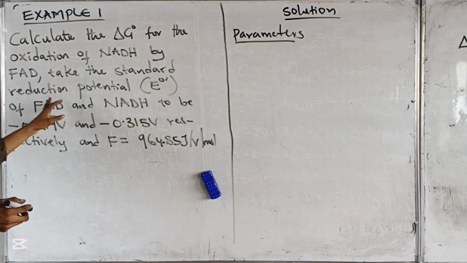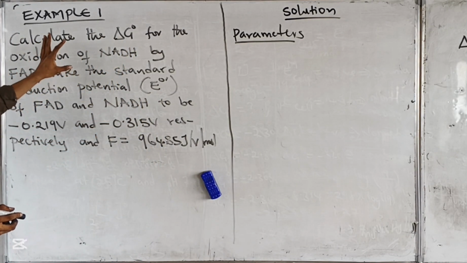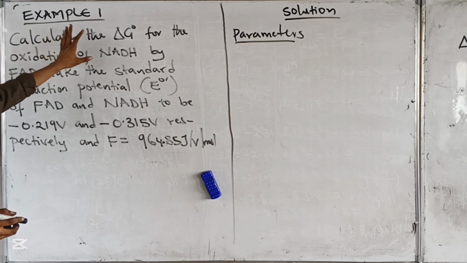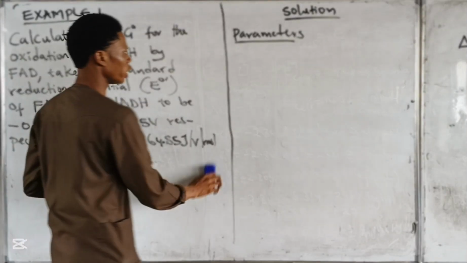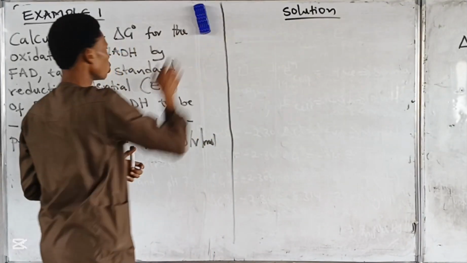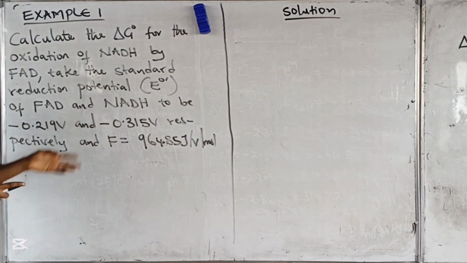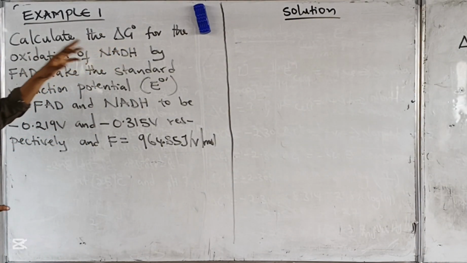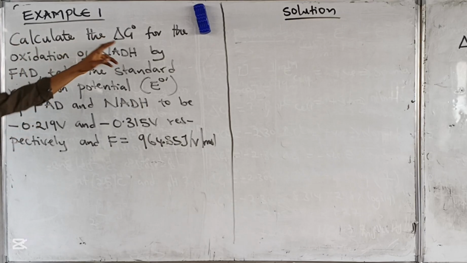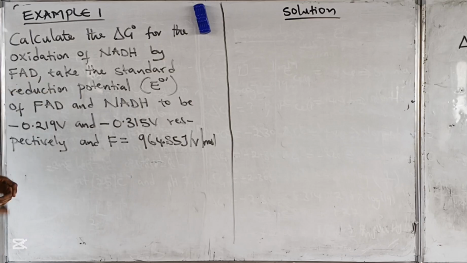Apart from the fact that they can give you marks for that, it helps keep your work organized. So here, first, we can write the equation of reaction because they didn't give us the equation of the reaction. They said calculate the delta G naught. Please listen attentively. For the oxidation of NADH by FAD.